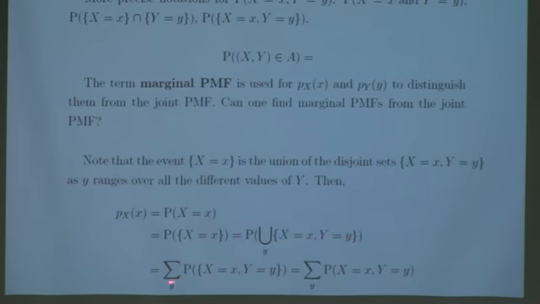This boils down to a summation. Why? Because probabilities are additive when the underlying sets are disjoint, which these are. So a summation over y of P(X = x, Y = y), the joint PMF, gives us the marginal PMF.